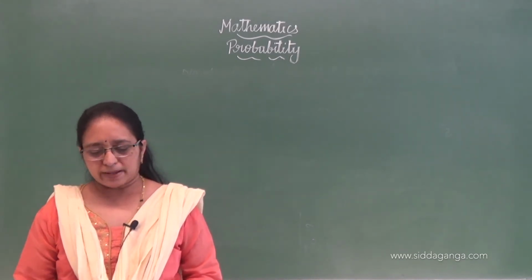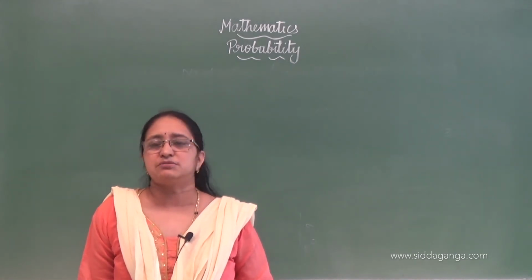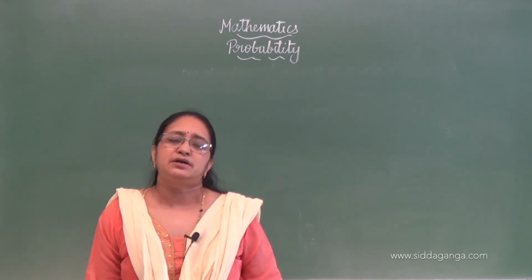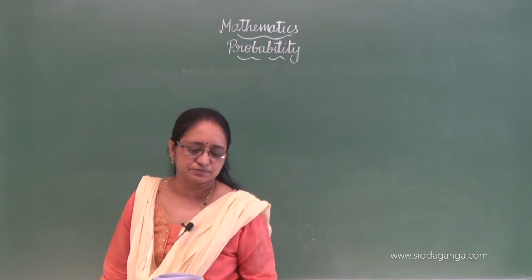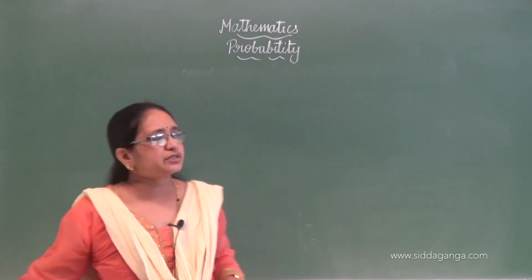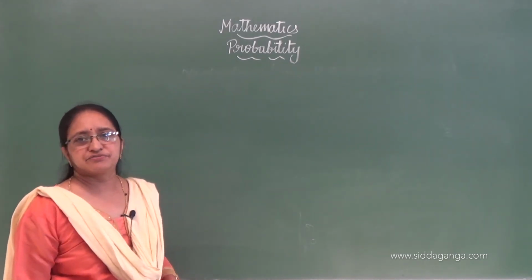Now, a pack of playing cards. I will give a little information about this, so that whenever a problem arises on this topic, it will be easy for you. Please note down this. A pack of playing cards consists of 4 suits. The number of cards is 52.